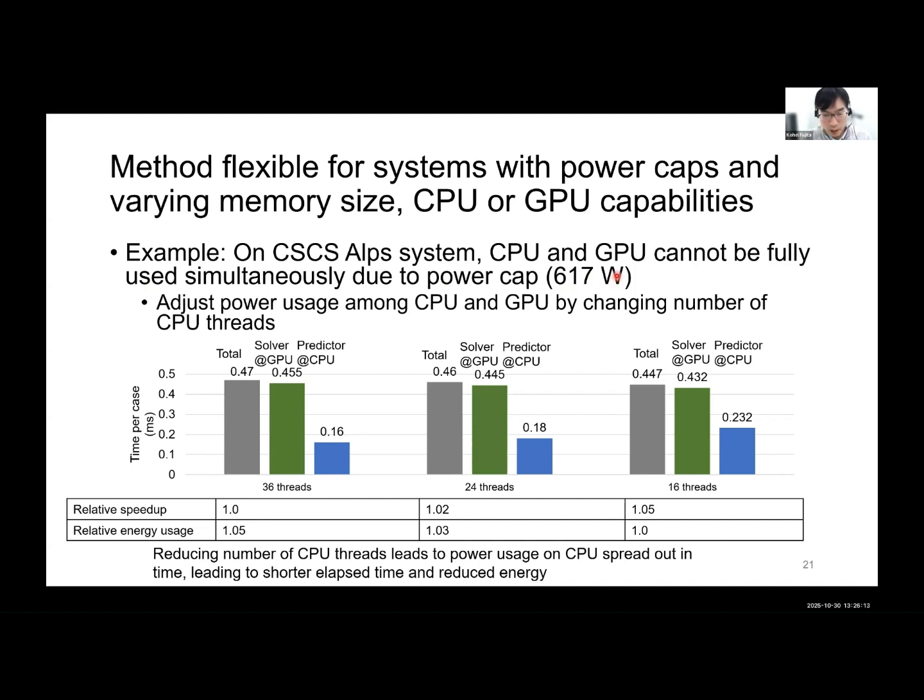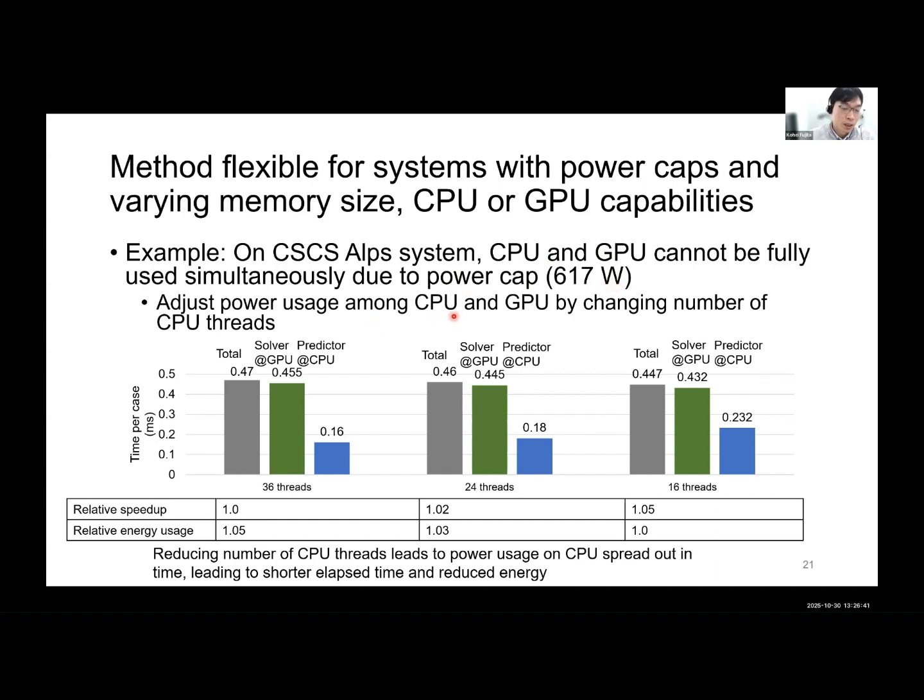In the previous GH200 single node, there was no power cap, so we could use both the CPU and GPU at full power at the same time. However, on this system, there is a power cap of 617 watts per module. So we cannot use the CPU and GPU fully at the same time.